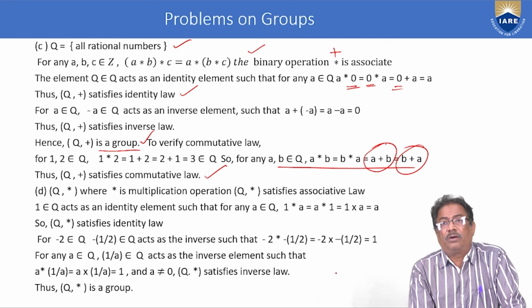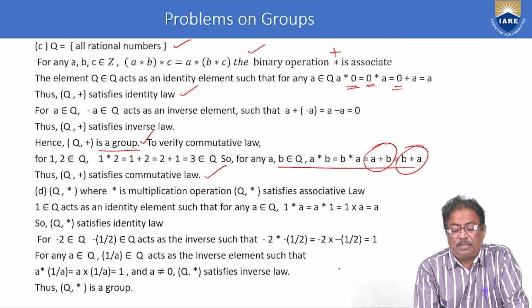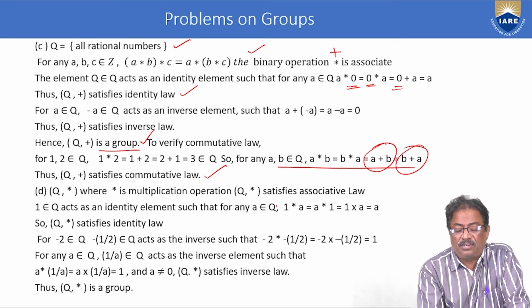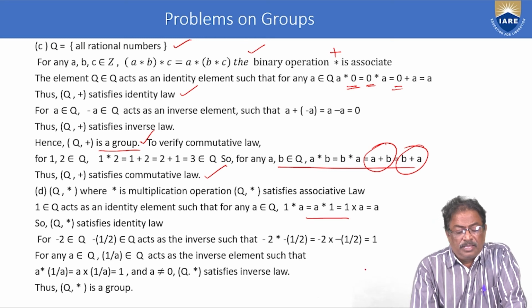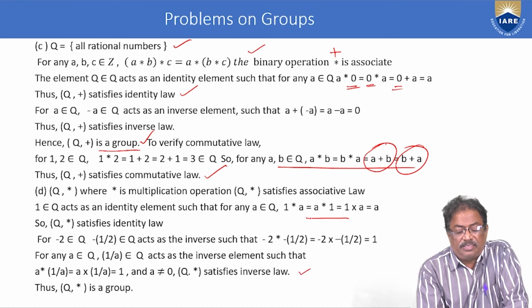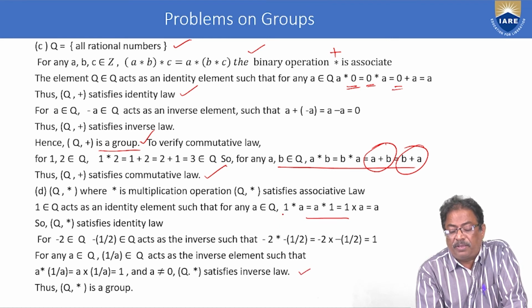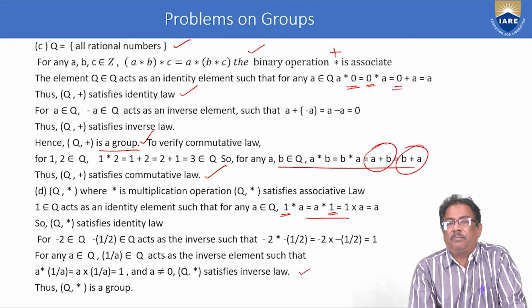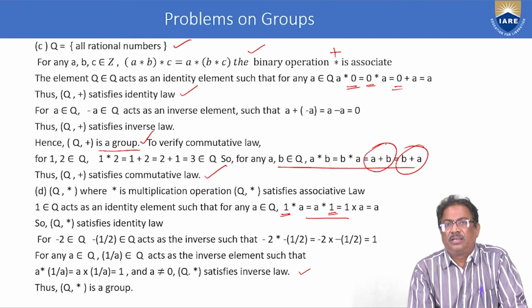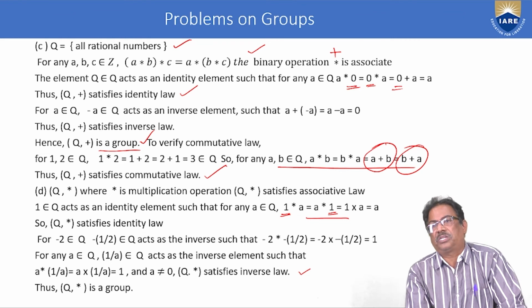So now we have to verify whether it is a group or not. Same thing here, it is addition there, here it is multiplication. So here it is also a group. Let us consider the identity, the multiplication identity will be 1, a member, and any rational number if I am considering, its inverse is also a rational number.